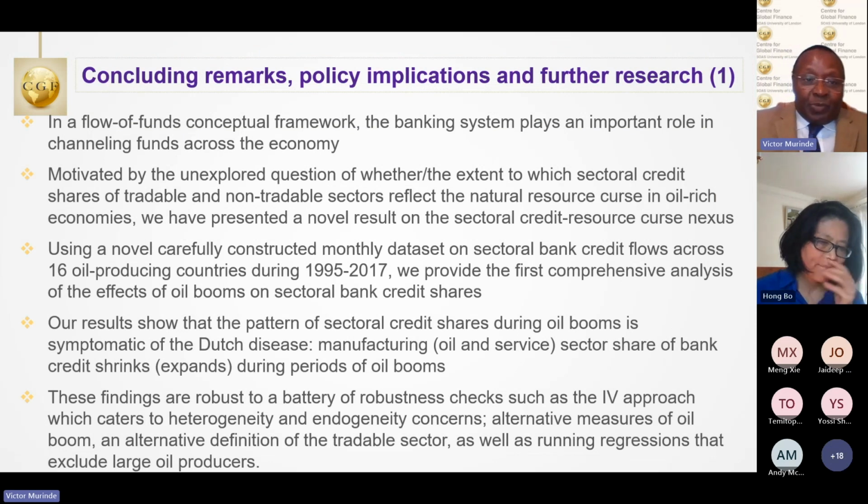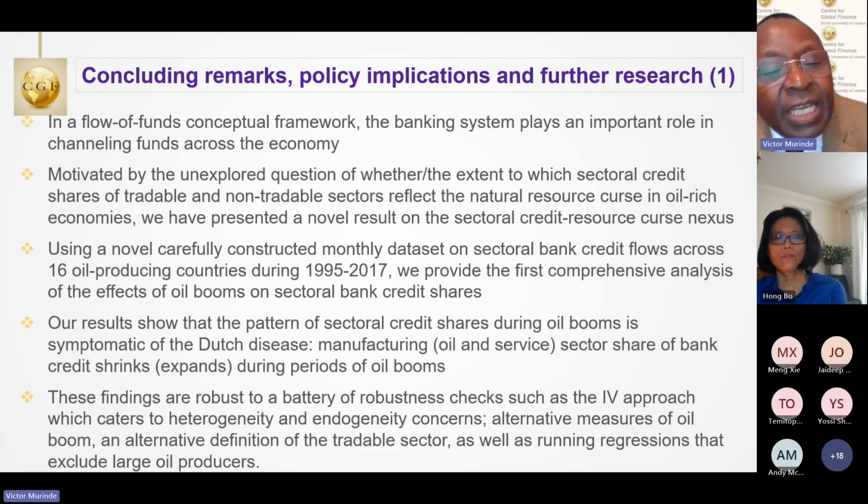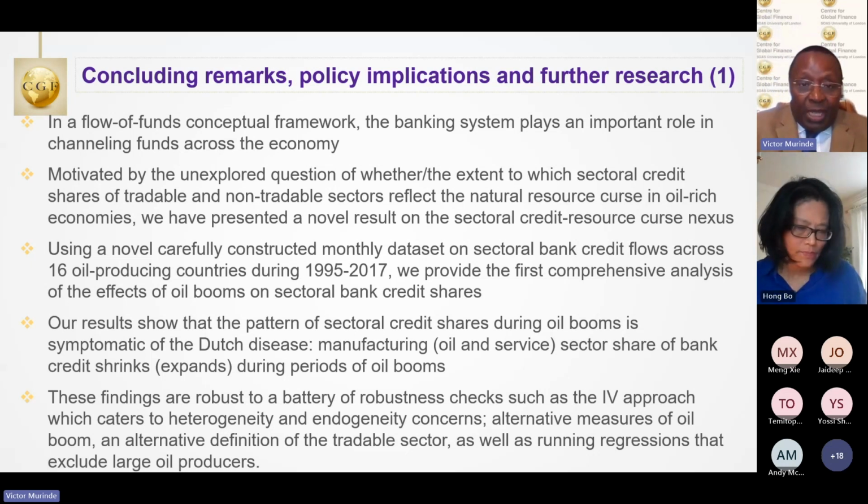So in conclusion, we started by invoking a flow of funds conceptual framework, in which the banking sector plays a critical role in channeling funds across the economy. Based on that, we explored whether the sectoral bank credit shares of the tradable and non-tradable sectors in oil-rich economies characterize a natural resource curse, which enables us to expand our understanding of the role of banks.